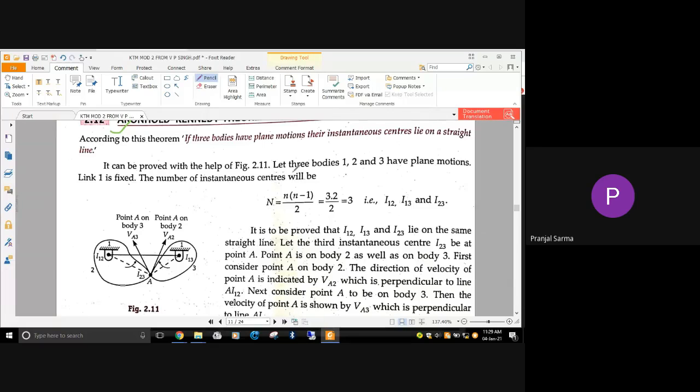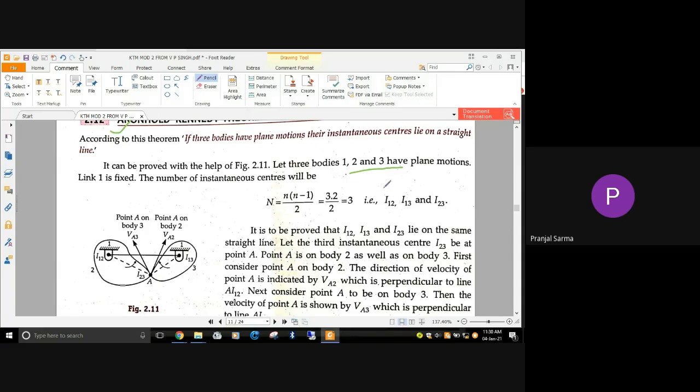The concept is that if they have plane motion between them, then their instantaneous centers will lie on a straight line. Suppose we have three bodies, one, two, three, which are three different links.